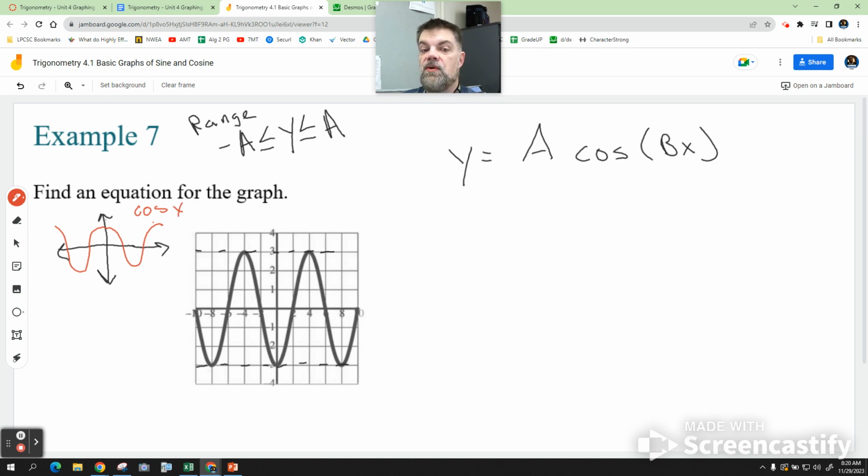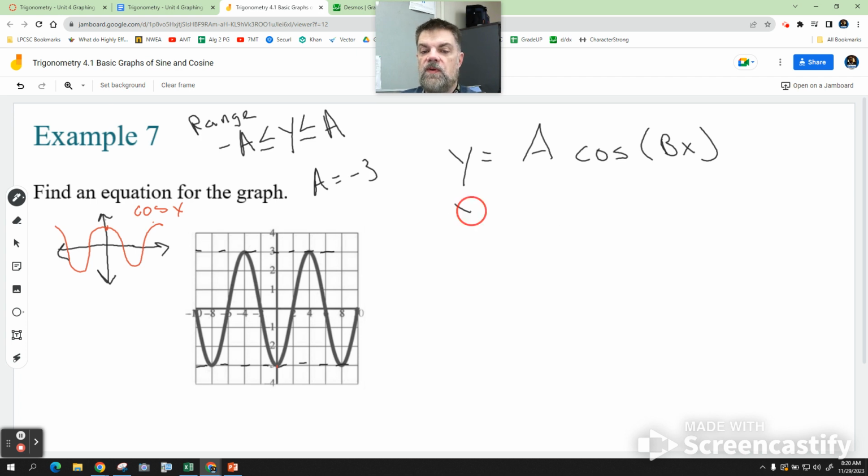Well, it's not compressed, but also we start down here. So what does that tell you about a? It's negative. So we suspect that a is equal to negative 3, right? Does that make sense? All right.